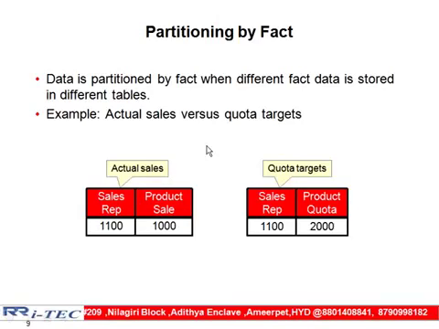Searching against 10 records and searching against 1 billion records is different, right? Searching 10 records is very easy compared to searching 1 billion records. So as the data volume keeps increasing, the searching time will keep increasing.